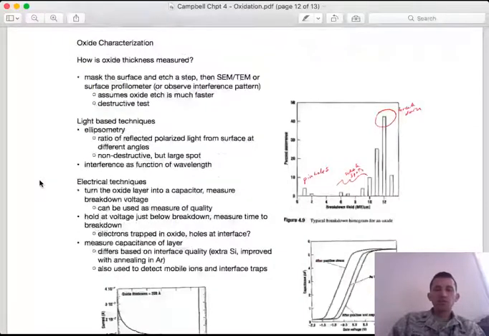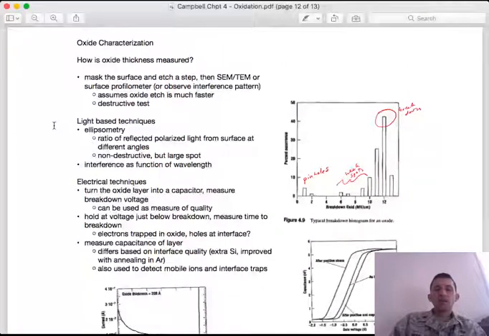I mentioned at the beginning that we'll cover the Deal-Grove model and then talk about some ways that the oxide layer thickness is measured. The simplest way would just be to mask off a part of the surface. So I'm going to cover the surface with something that is non-reactive, and then I'm going to apply an etchant. We haven't talked about etching yet, but that would be like an acid or plasma or something that will remove the oxide.